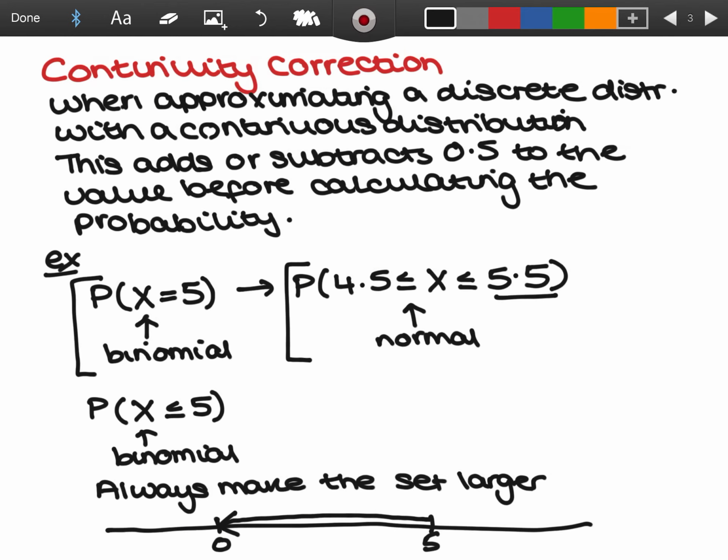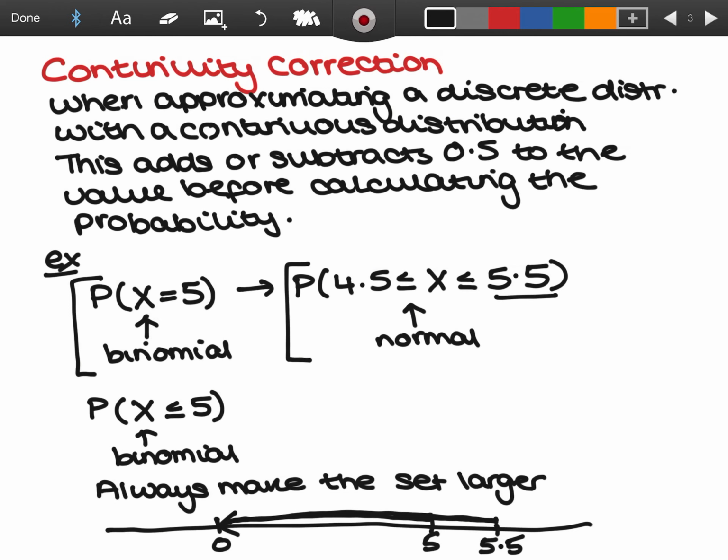When you put this into normal distribution to approximate it, we need everything that can round to 5, but we need to make this set larger. So I'm not going to include the values where I'm going to round down. I'm actually going to come up here, up to 5.5. Anything up to 5.5 still rounds down to 5. So what I actually end up doing is making this set here larger.